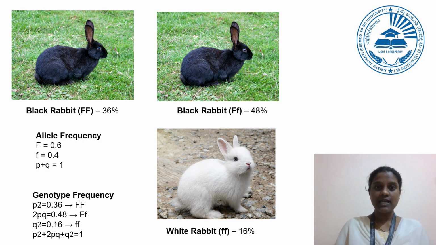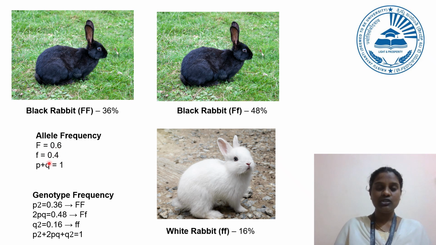So homozygous dominant and heterozygous rabbits will have black coats and homozygous recessive rabbits will have white coats. Suppose the frequency of the allele capital F in the population is 0.6 and the frequency of small f is 0.4.